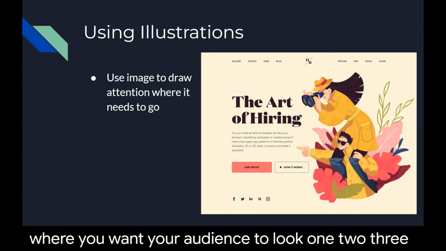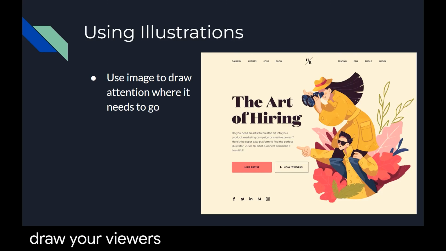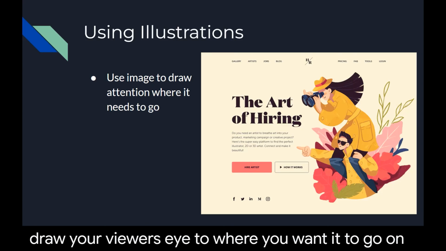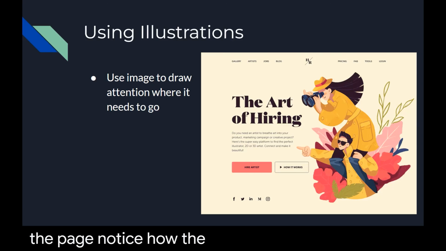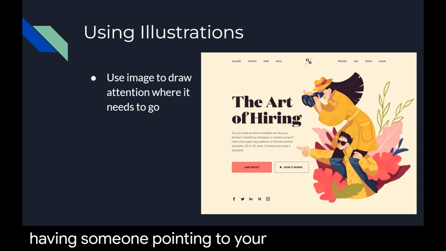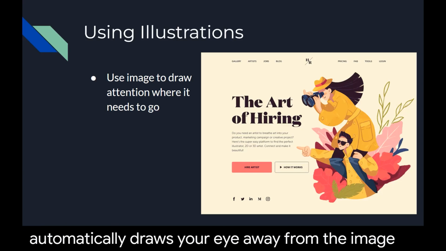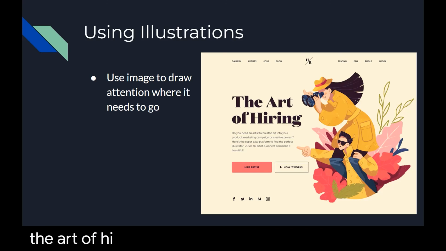You can also use images or illustrations to draw your viewer's eye to where you want it to go on the page. Notice how the illustration here has the illustrated people looking at the headline and even having someone pointing to your subheading. This automatically draws your eye away from the image to the art of hiring. So, therefore, you can really use illustration to draw your audience's eye wherever you want it to go.